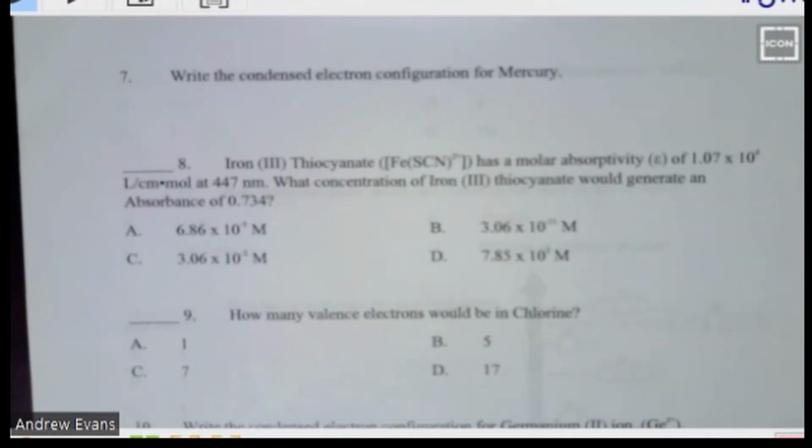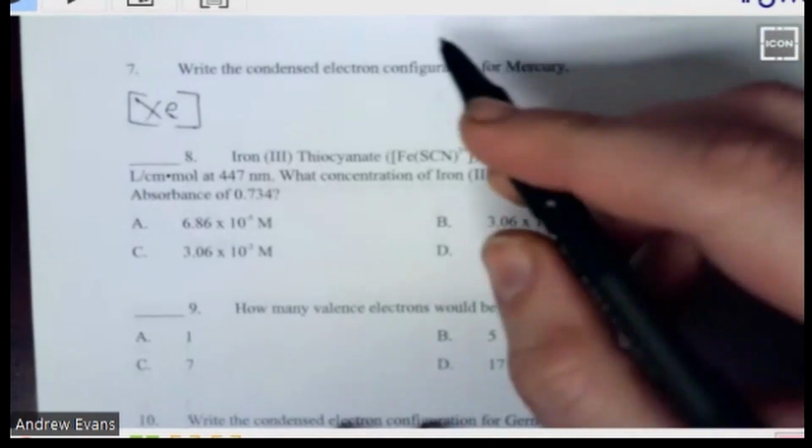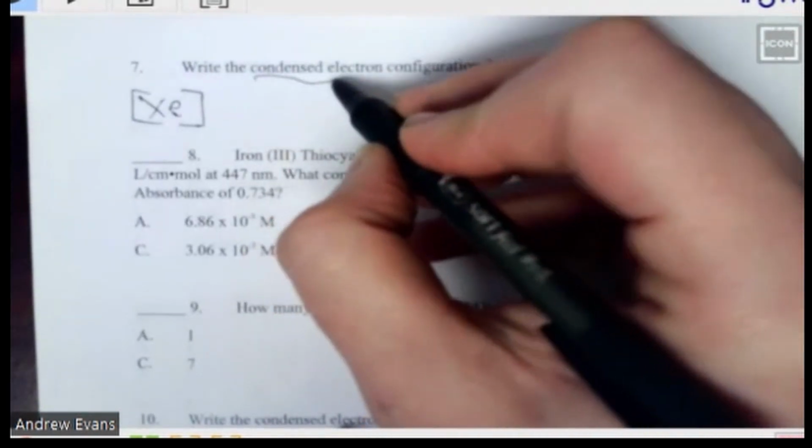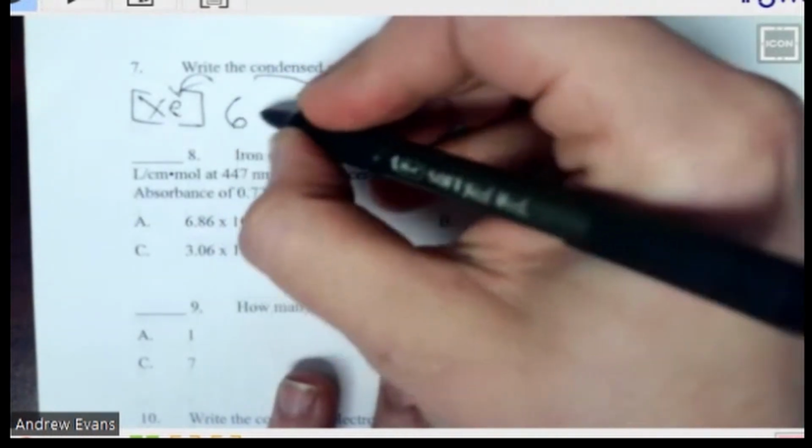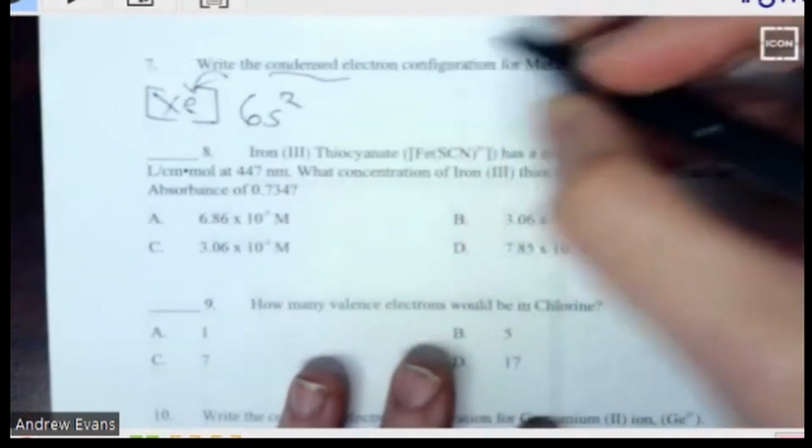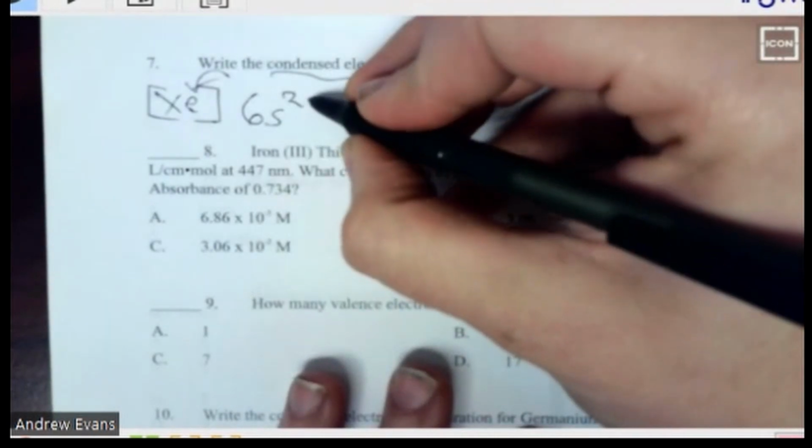What is the condensed electron configuration of mercury? So mercury is on row 6. Starting from row 5, xenon. For condensed, we always use the noble gas. So row 6, 6s2. Here's where it's really hard.